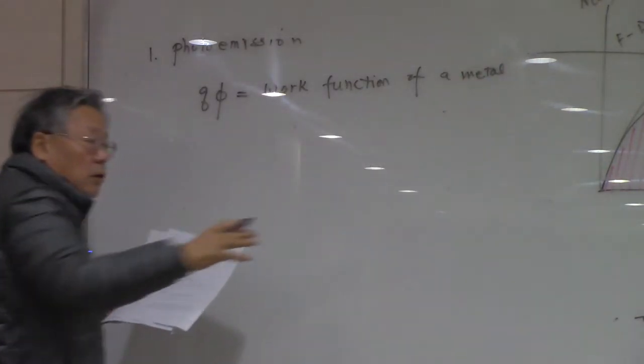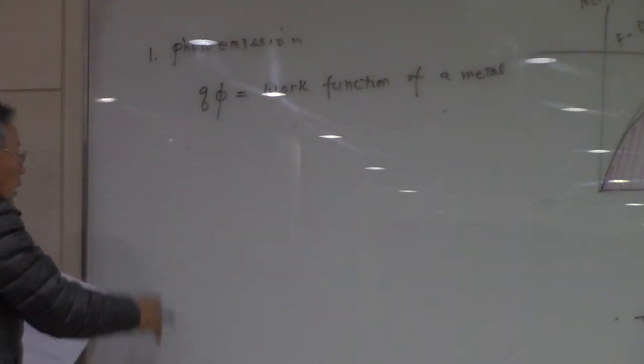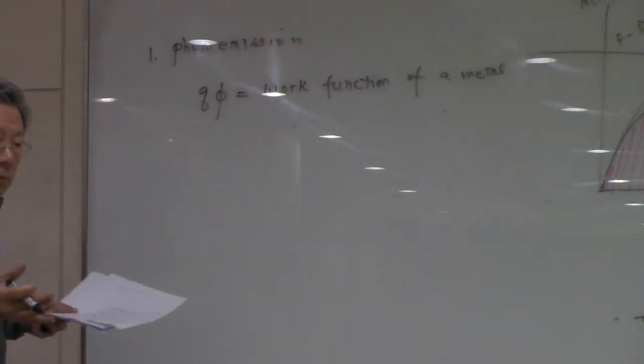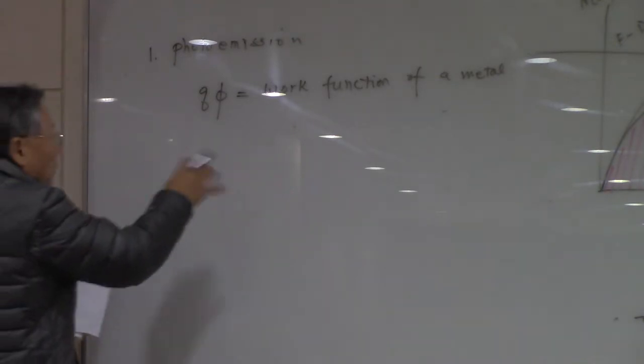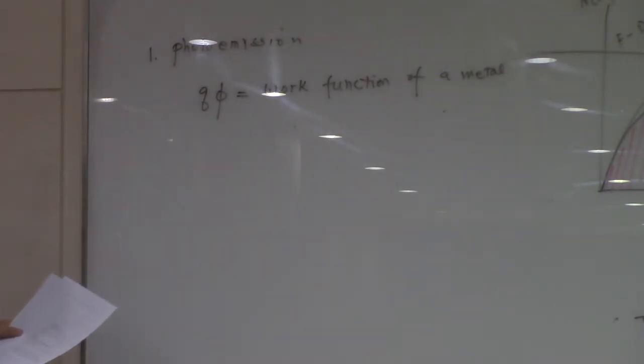Basically, we are going to talk about the metal system, not the semiconductors and insulators, because in semiconductors and insulators, we do not have many free electrons. So mainly the phenomena that we are going to discuss is about the metal system. The work function is the energy necessary to escape one free electron from the metal surface into the vacuum, okay?